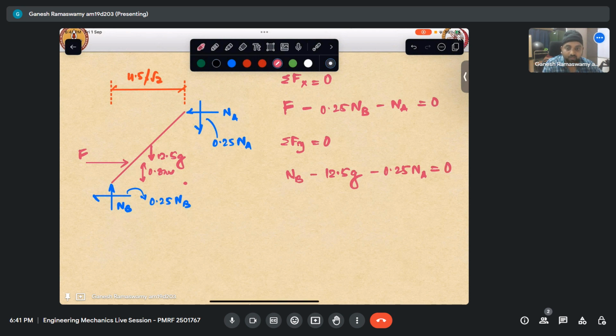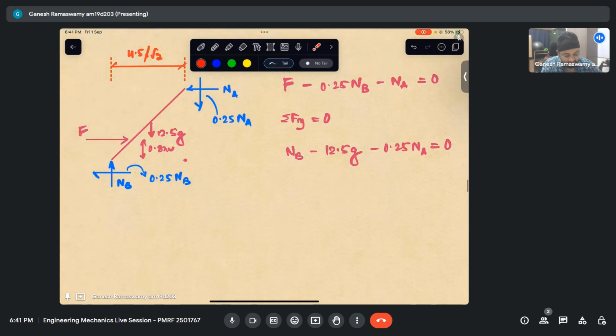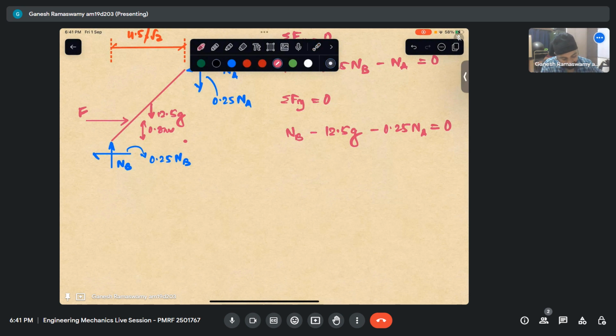Now I can see that I actually have three unknowns here, Na, Nb, and F. So I need at least three equations to solve for this. Since I have moment equilibrium also at my disposal, let me go ahead and apply that.